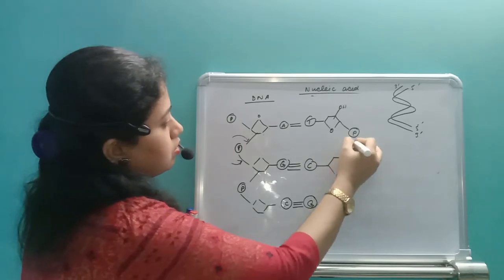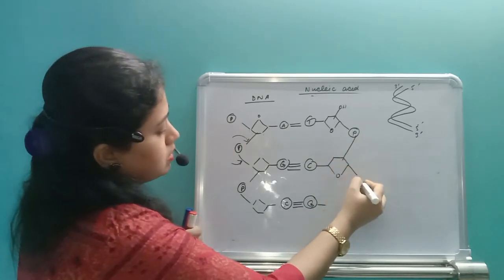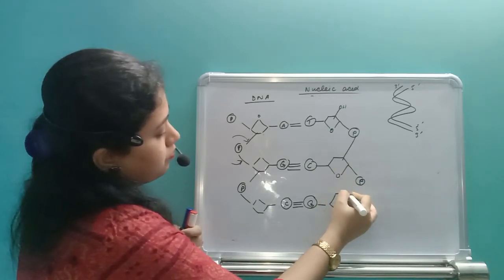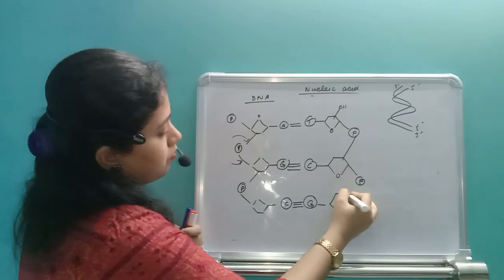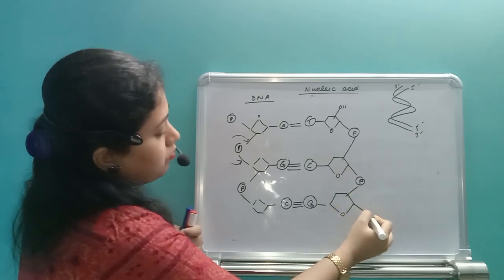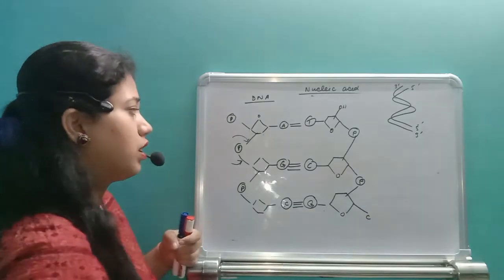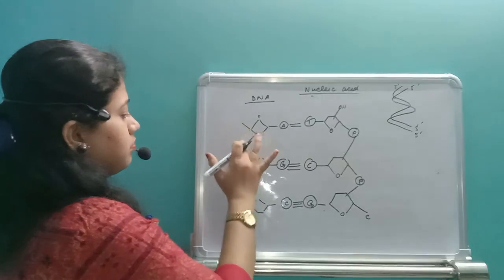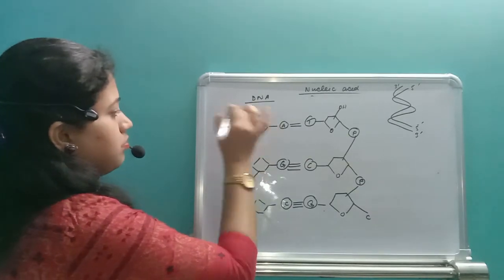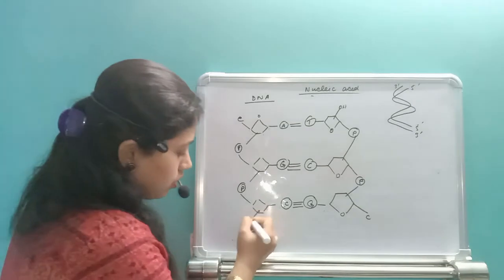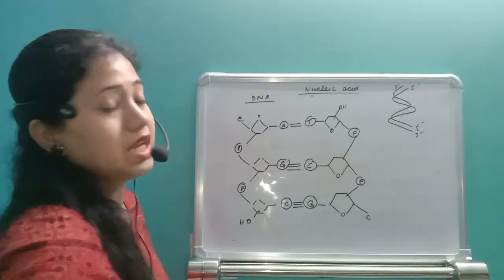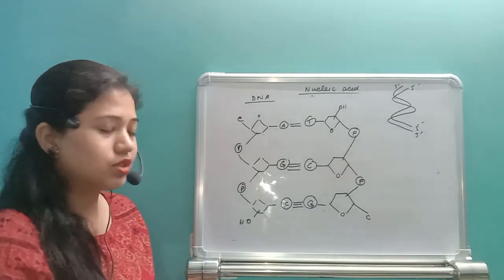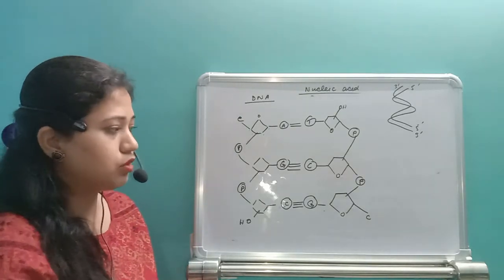So here the bond formation takes place, right? I'm just showing here how this bond formation is taking place. Suppose this is a chain. What will happen when nucleotides attach to each other to form a nucleic acid?